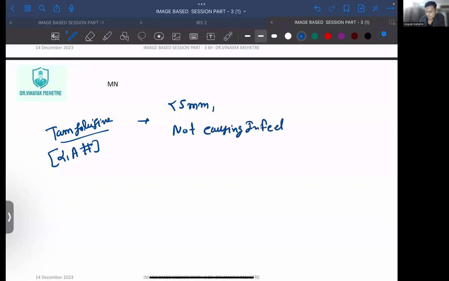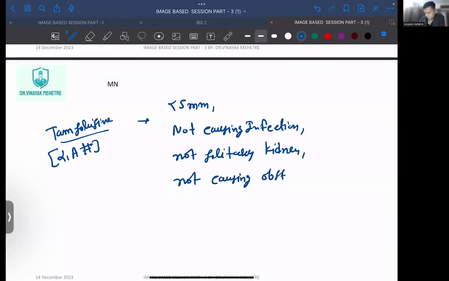Okay, no increase in TLC count, right? Not in solitary kidney and not causing obstruction of any kind. You would have seen so many people say that beer पीना चाहिए. Actually beer यहाँ पीनी चाहिए, पीनी भी हो तो.